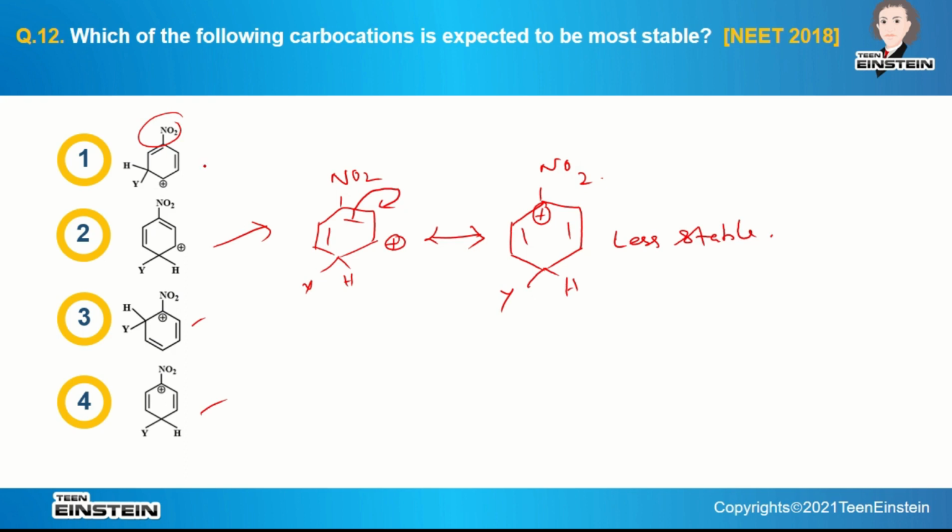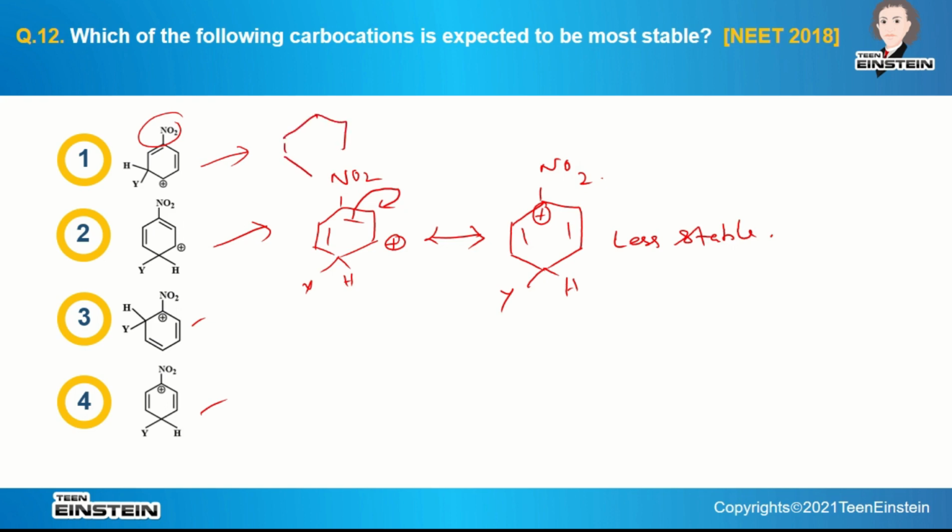So in case of option 1, the carbocation is at the para position with respect to the nitro group, and even after resonance the carbocation forms at the ortho position only. So thus the most stable carbocation is the one shown in option 1. So I will show the resonance.